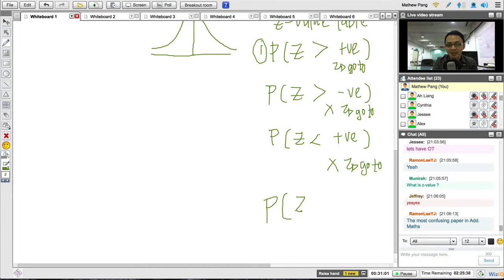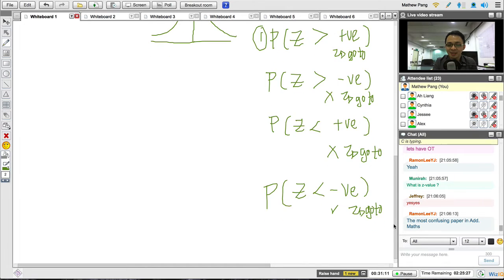If it is Z less than a negative value, you can straight away go to the Z value table, because in this chapter the diagram is symmetric, right? Symmetric means what? Let me give a random example.